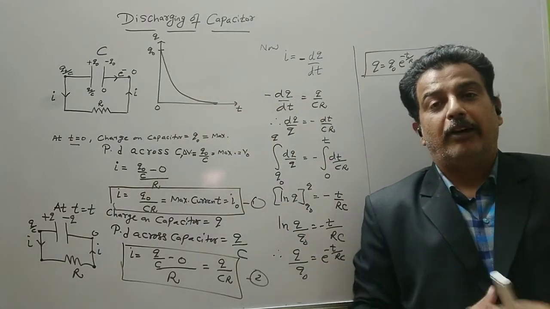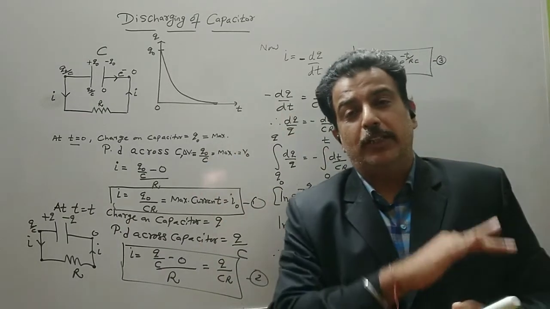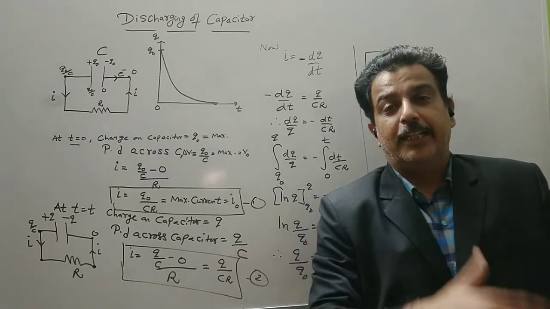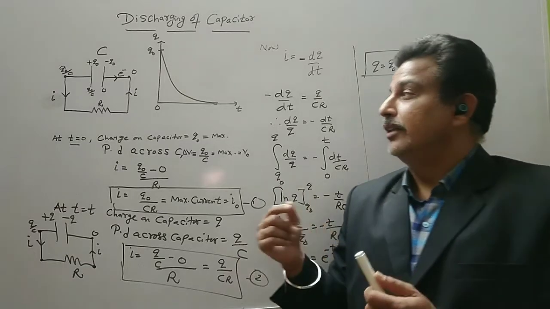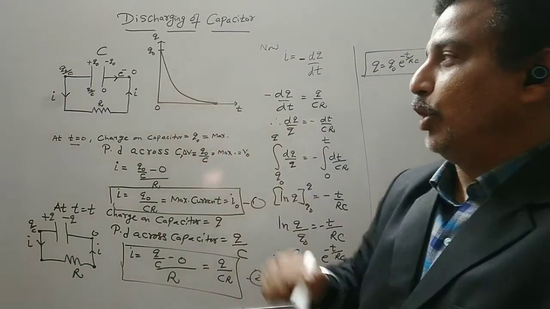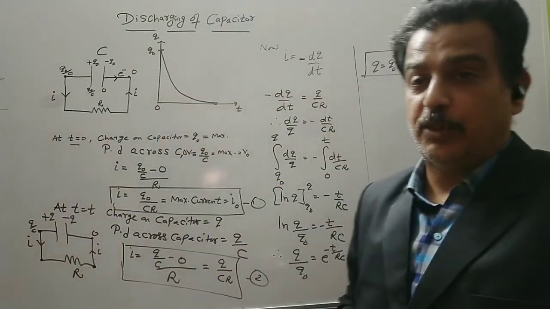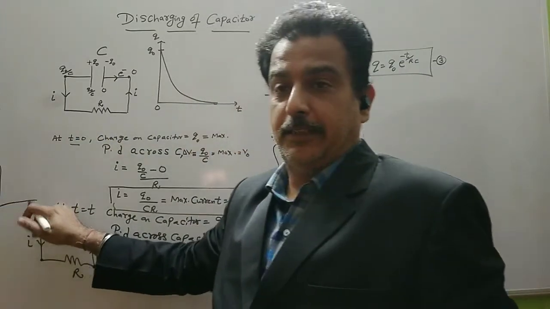We have a winding of the coil inside it, and when you switch on the fan, it takes some time to gain speed. It means the capacitor is taking time for charging. And if you remember, the charge was increasing like this exponentially.